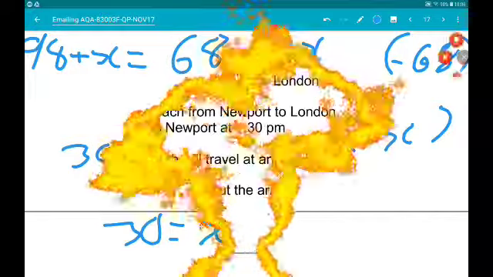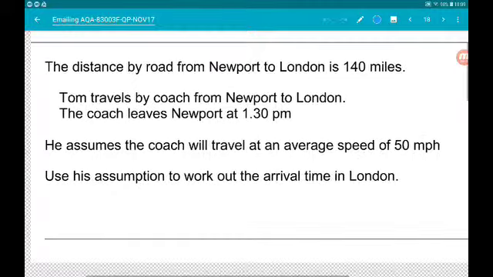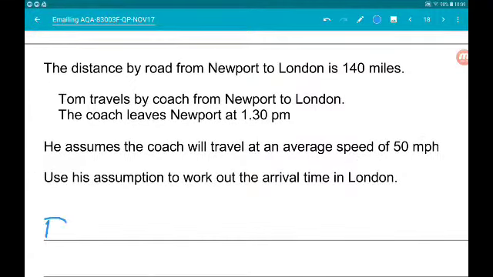Cool. In question 21, the first question, which is also from the higher paper. So, the distance by road from Newport to London is 140 miles. Let's write that down. So D is 140 miles. Tom travels by coach from Newport to London.